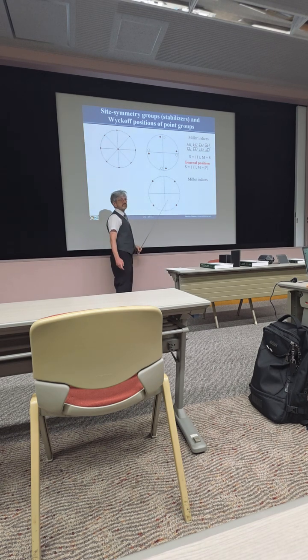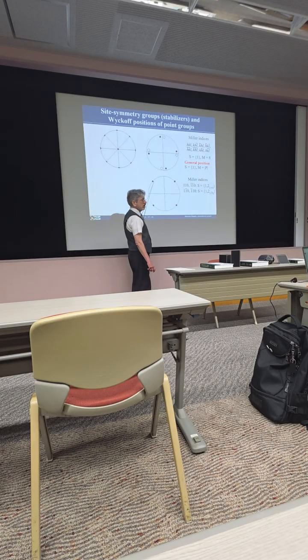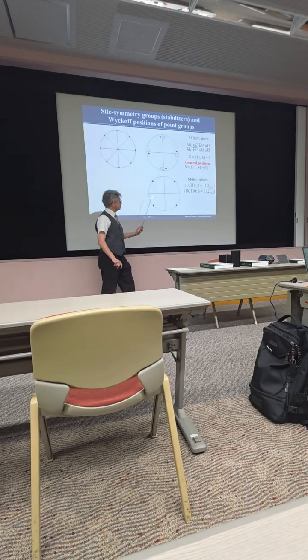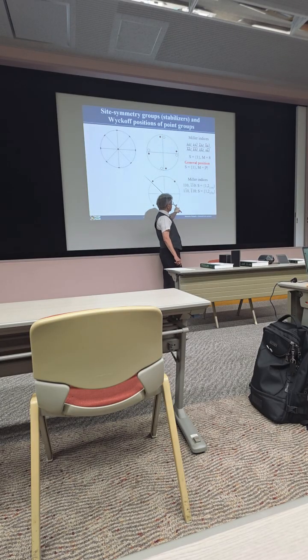Here we have a special position. 1, 1, 0, 1, 1, 1-bar, 1-bar, 0, 1, 1-bar, 0, 1-bar, 1, 0. Now, the site symmetry groups here are 2. These 2 points are fixed by the identity and by a rotation about 1, 1, 0.